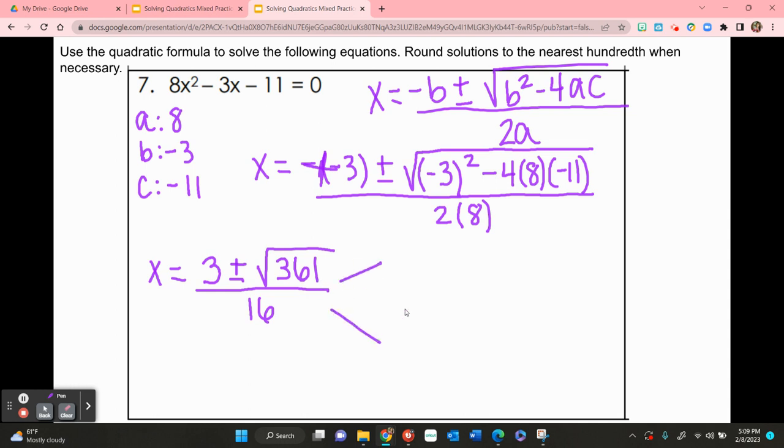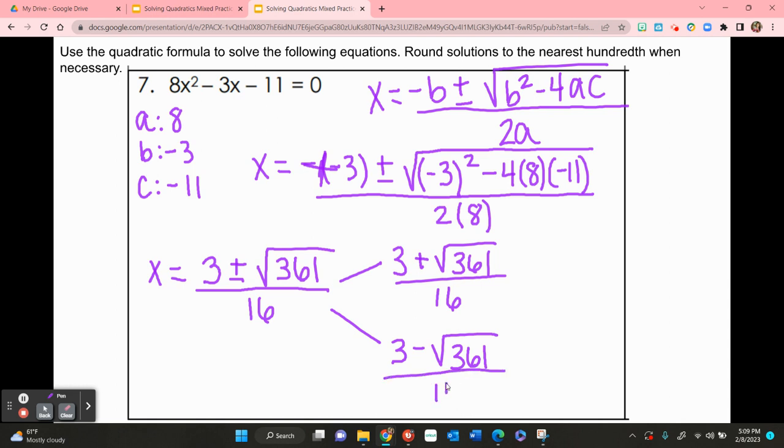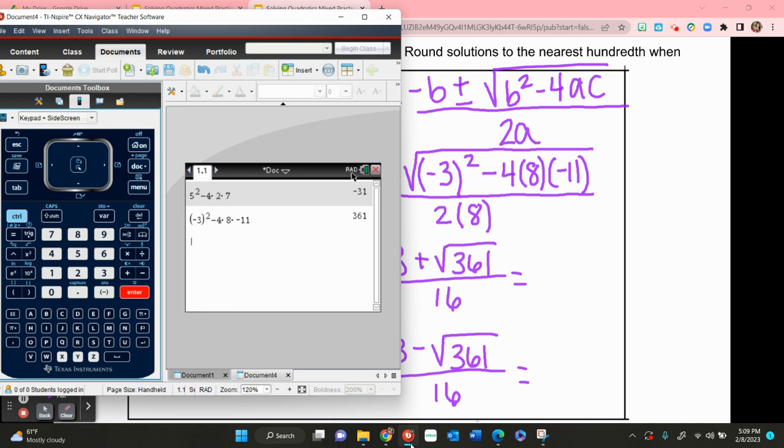Now I'm going to split this into two equations. So I have 3 plus the square root of 361 over 16, and I also have 3 minus the square root of 361 over 16. Now I'm going to plug both equations into the calculator to find the solution.